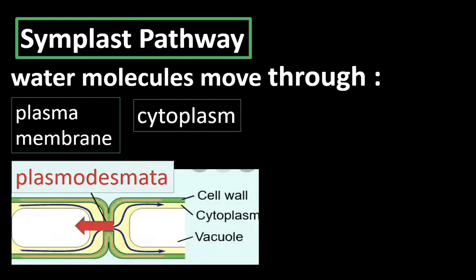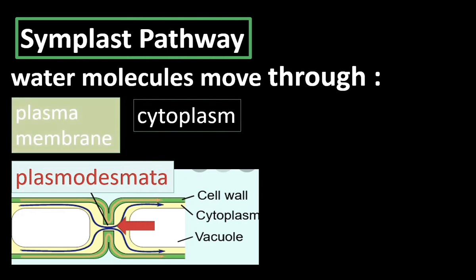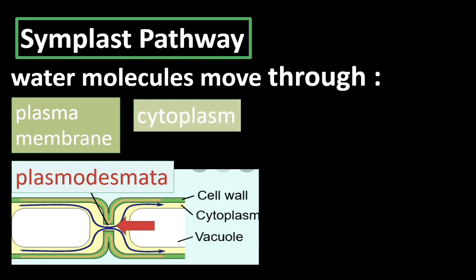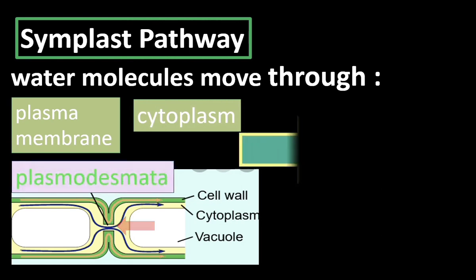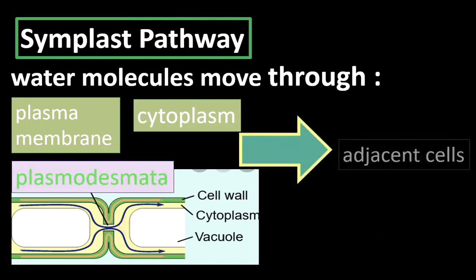Plasmodesmata are gaps between nearby cells. Through the plasmodesmata, water from one cell enters into the cytoplasm of the adjacent cell.